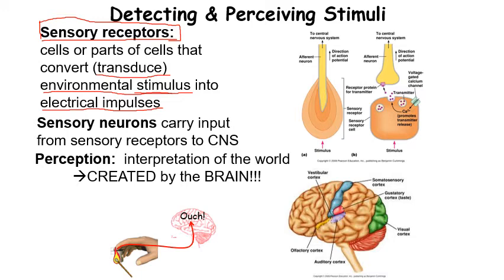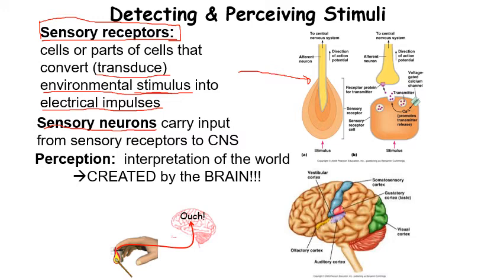Okay. And where we find the receptors is going to be here at the dendritic end of the sensory neuron. Once the receptors have transduced the information, the sensory neurons, if there's enough stimulus to cause an electrical impulse, are going to carry that information up to the central nervous system.